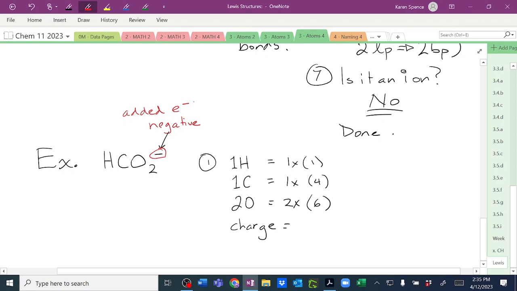And since our charge is just negative, remember negative means -1. And so that means we added 1 electron when we are 1 negative. So we're going to have 1 electron here. This might seem like more work, but it does make sure that you don't make mistakes. So I have a 1 and a 4 and a 12 and a 1. And if I add those all together, I get 18 valence electrons.